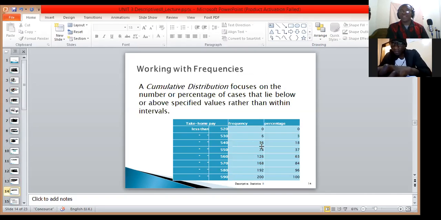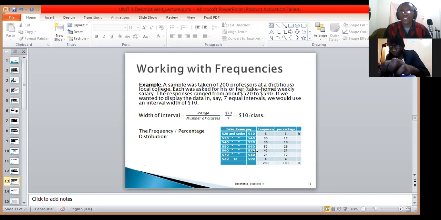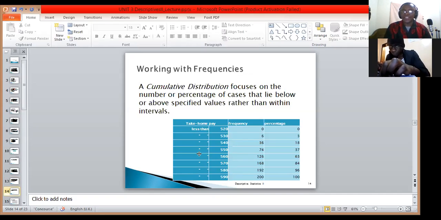Then 550, it is this 36 plus the frequency of 550, which was 38. So 36 plus 38 gives us 74. That's how we found the cumulative frequency. So just keep on adding these.